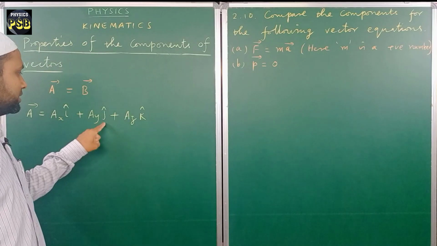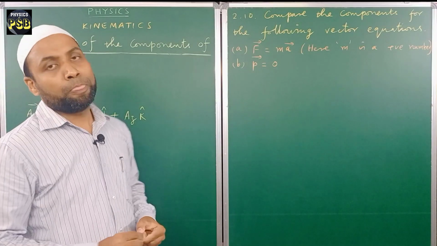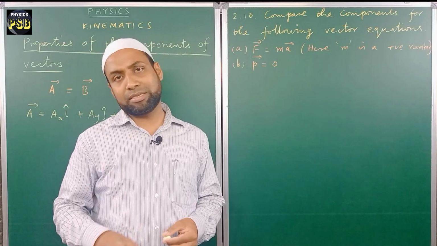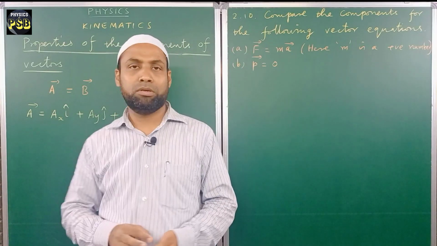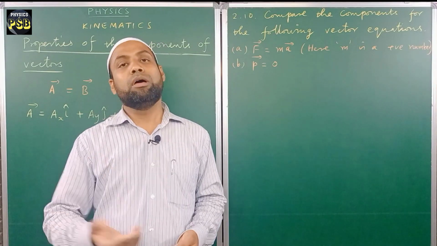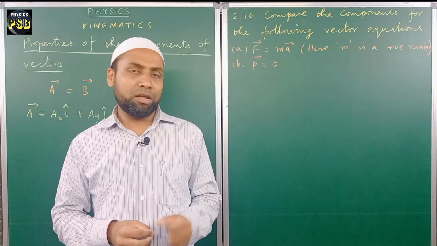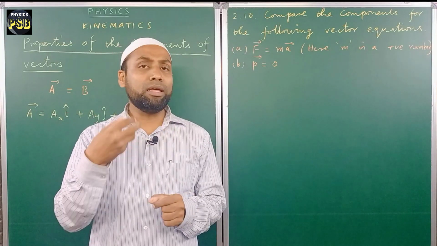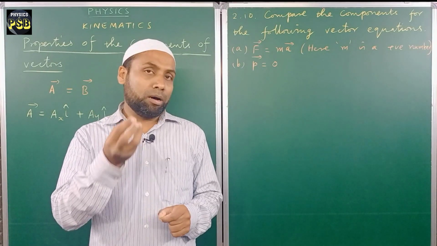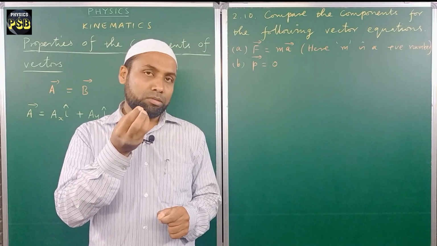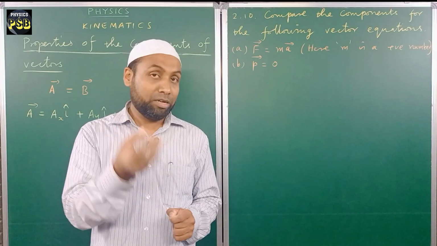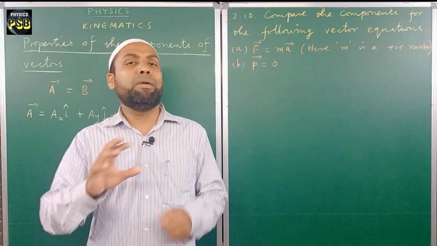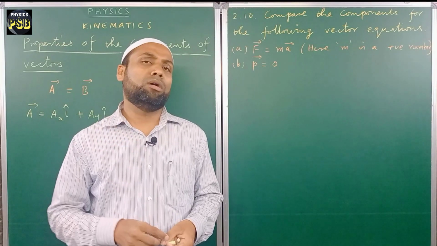Here unit vectors have magnitude equal to 1 and they act along the x-axis, y-axis and z-axis. From this we understand that if we multiply something with the unit vector, only that term gets direction, but nothing happens to its value.